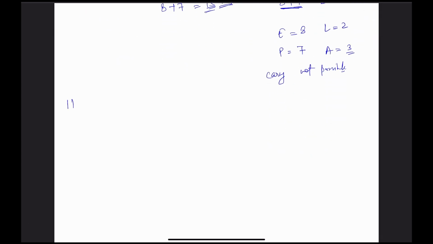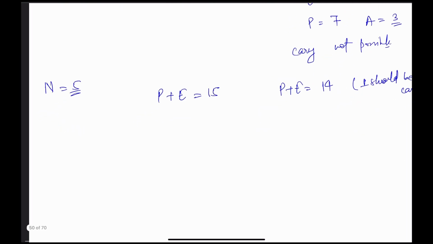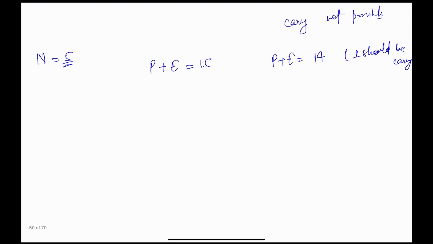So what could be the value? If I take n equal to 5, then again p plus e equal to 15, or p plus e will be 14, but again there should be a carry. So for this, what could be the possible, 8 plus 7 is 15.